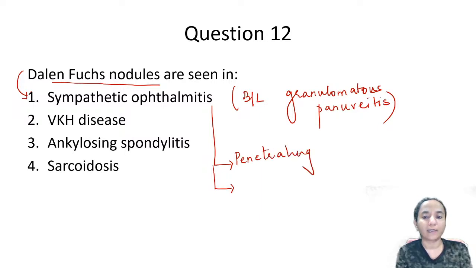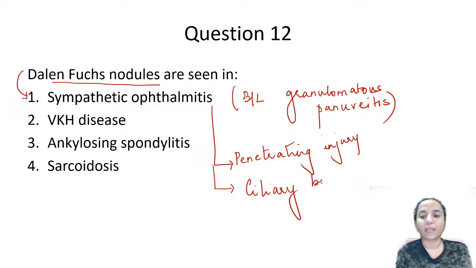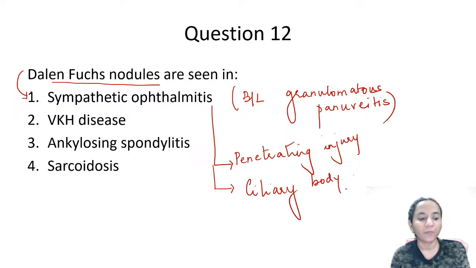This also is asked in exam. The area that is to be traumatized is the region of the ciliary body. So if there is a penetrating injury to the area of the ciliary body, then there is a possibility of getting sympathetic ophthalmitis. That is a severe uveitis in the other eye also.